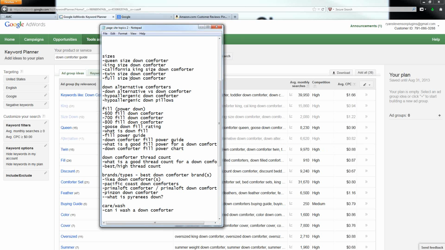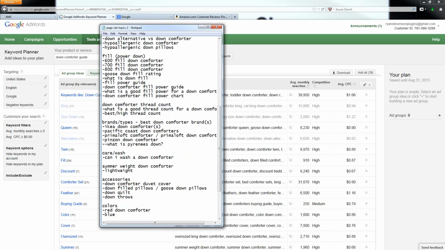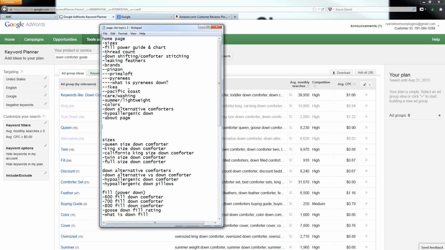This is why I kept this list down here at the bottom instead of rearranging all these topics and deleting things and adding stuff. I left all of this information the same because these are my keyword phrases that I want to target on various pages on my site.